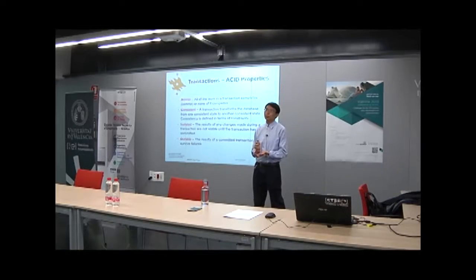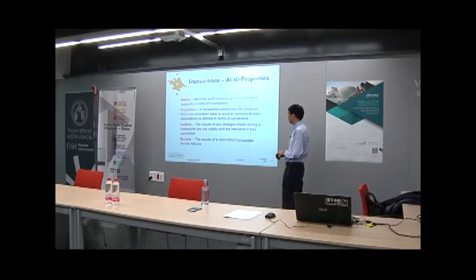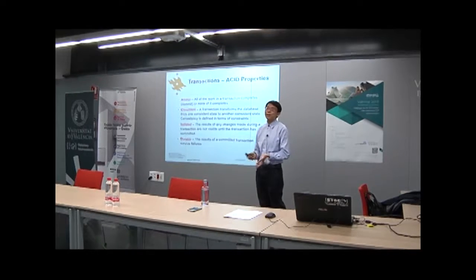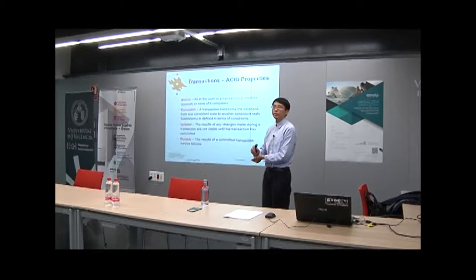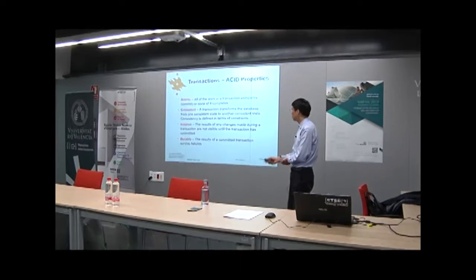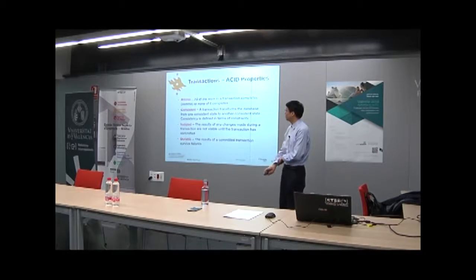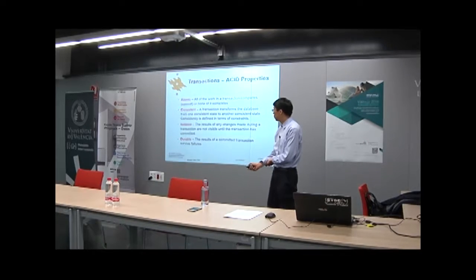The results should be true forever. It's durable even with failures, which means that the data have to be written to a hard disk. So this is the durable property. Now we have the 4 properties: atomic, consistent, isolated, and durable.